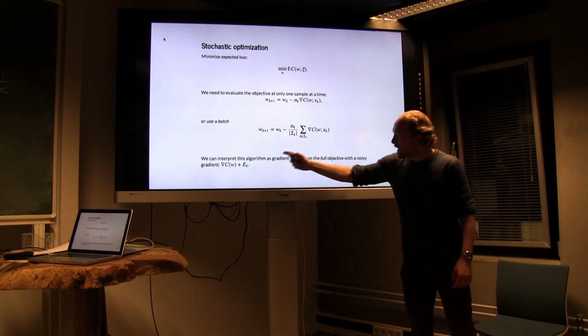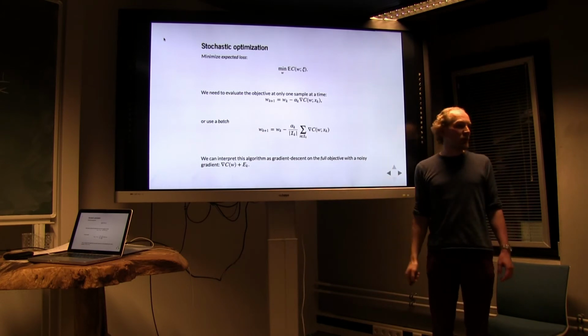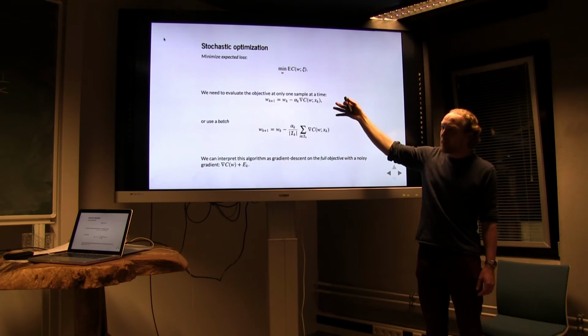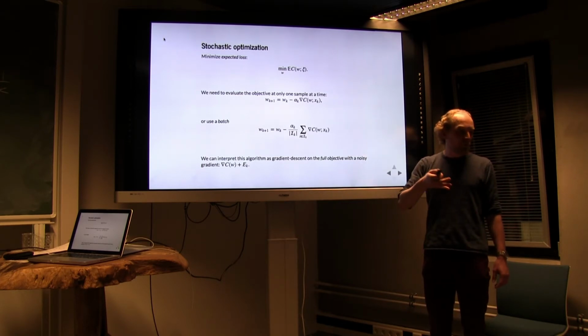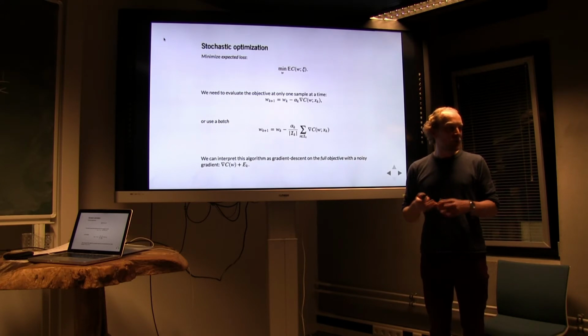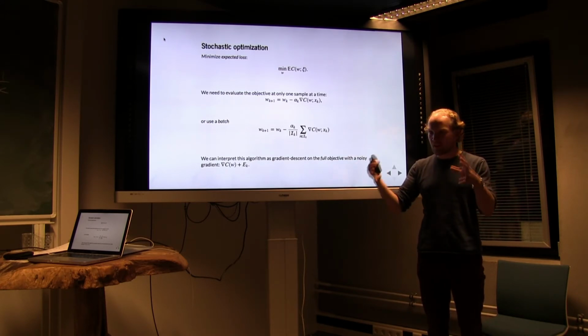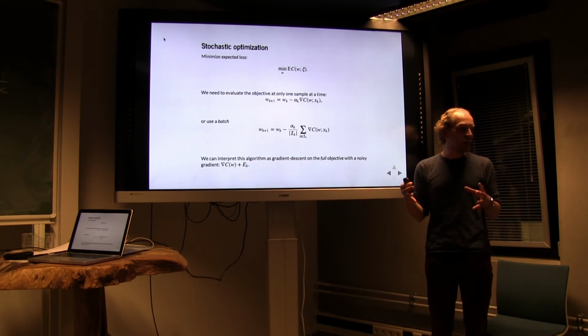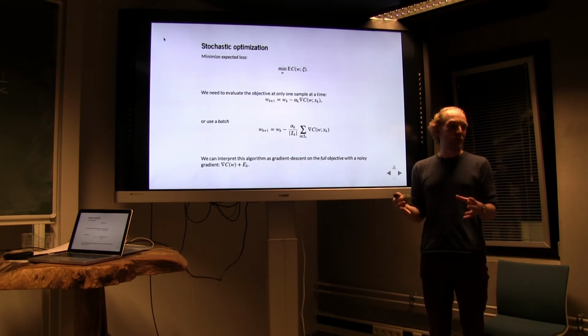The way I'm going to look at this is to tie it to what we've learned about gradient descent: whatever we do here, I am optimizing the objective over my training set. That's my choice now. There's a fixed training set and I want to optimize the cost function over that fixed training set. I just want to do it faster and more efficiently.